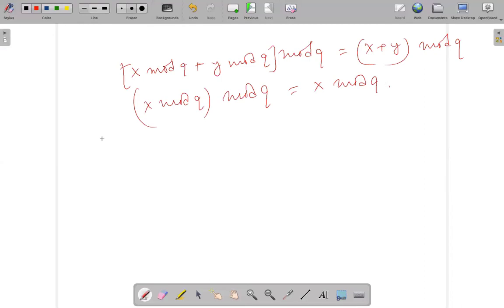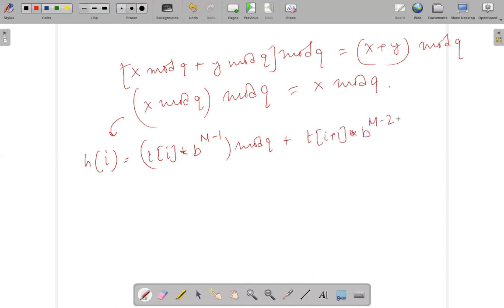So for these two reasons, now we can transform xi to hi, which are in the modulo domain: t i into b to the m minus 1 mod q, plus t i plus 1 into b to the m minus 2 mod q, plus so on and so forth, t i plus m minus 1 mod q, mod q.